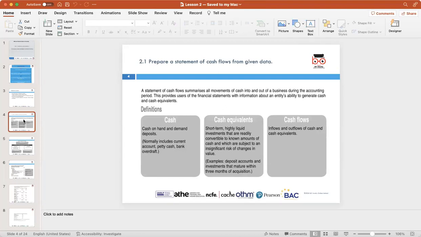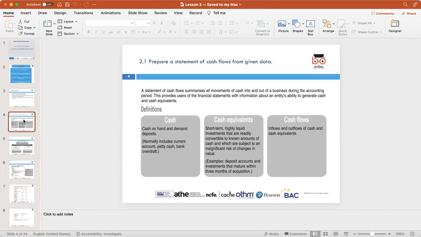So cash equivalents are like the close friends of cash. These are short-term investments that are highly liquid and easily convertible into cash. They are so close to being cash that they are almost indistinguishable.